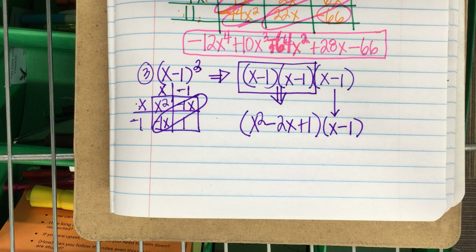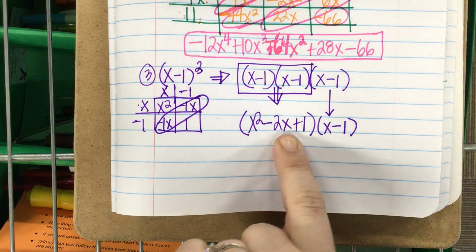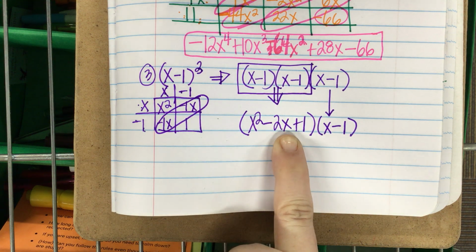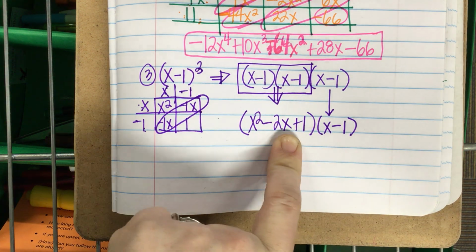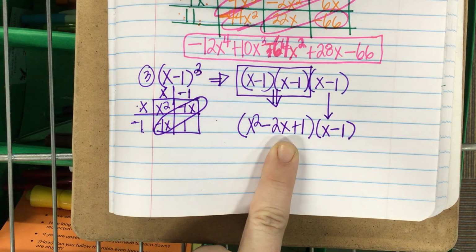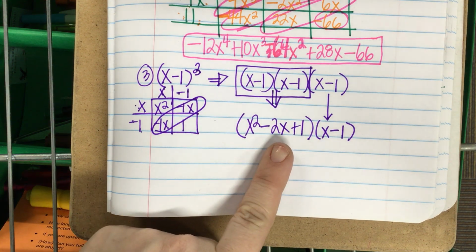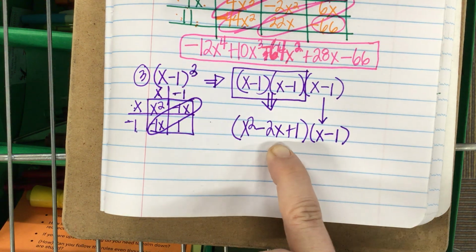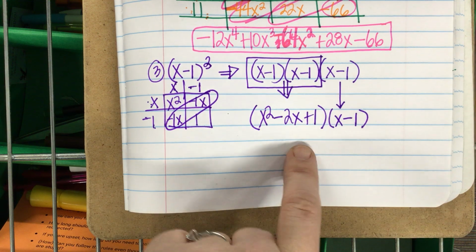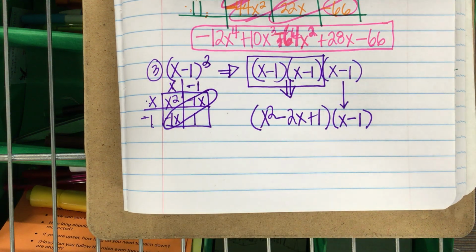So now you have 2 choices. What could you do? How could you solve this problem now? We just learned how to do it. You have 2 choices. Aaron, what could you do? You could write it out.